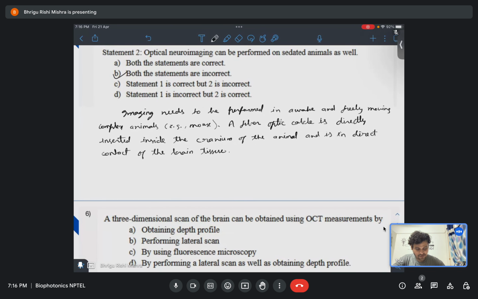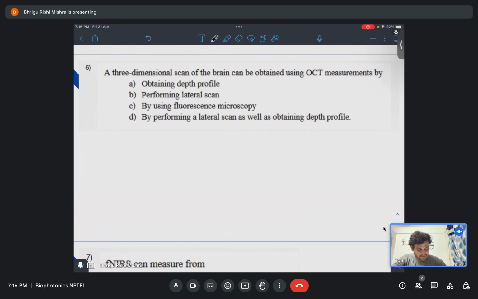Okay, so question 6. A three-dimensional scan of the brain can be obtained using OCT, optical coherence tomography, measurements by obtaining a depth profile will give you only a one-dimensional image. By performing a lateral scan, this will give you only a two-dimensional image, because it scans on the xy plane and not on the z plane.